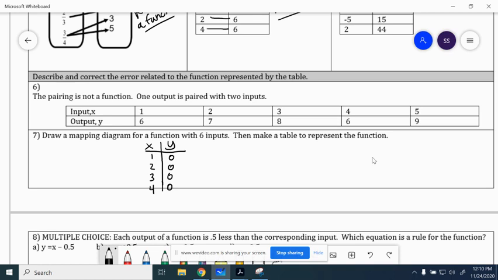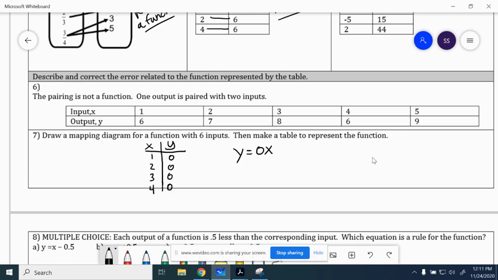And can I make a table? There it is. Can I write a rule for this? Well, sure. How could I make this statement true? Well, if I took my x values and multiplied them by 0, this would work out, right?